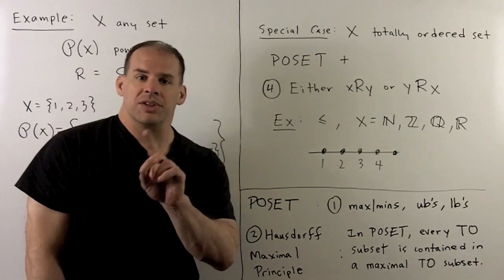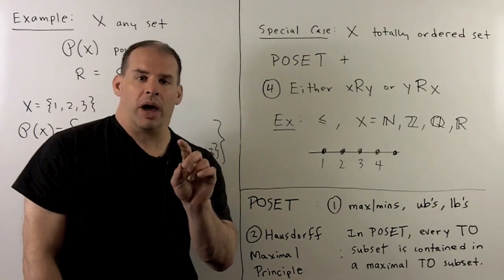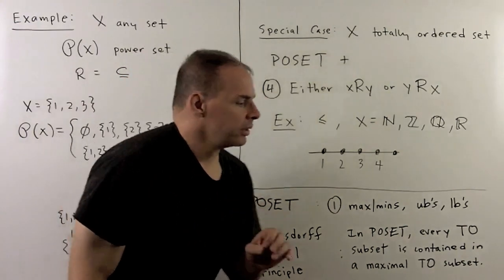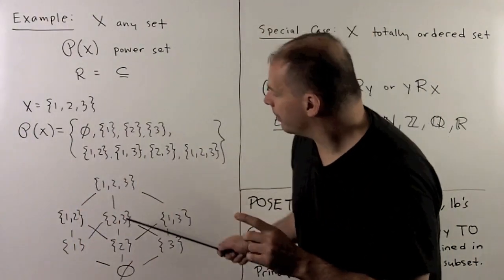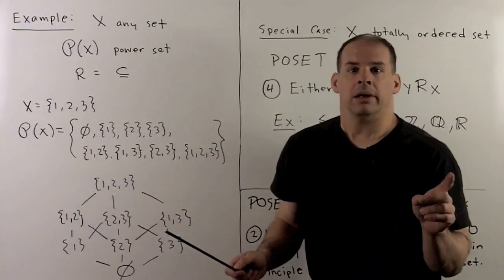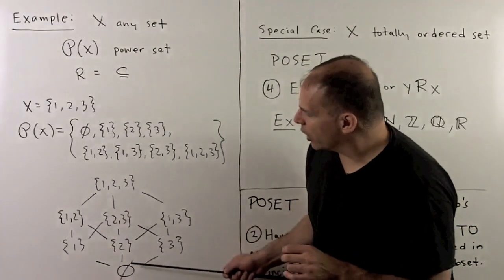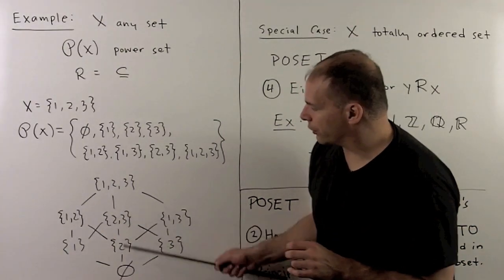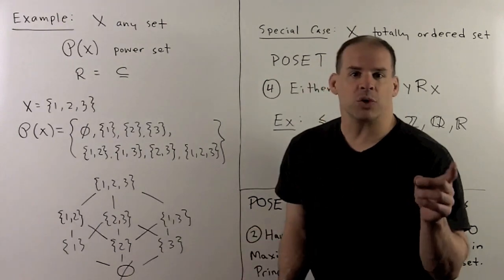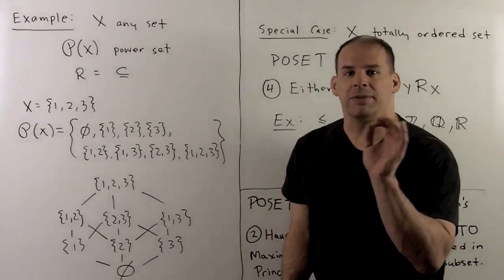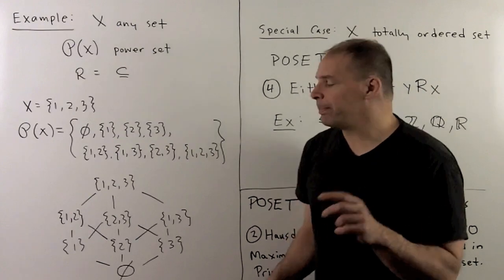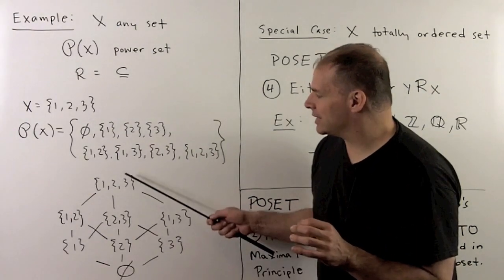This isn't hard to believe when our poset is finite. So for example here, if I wanted a totally ordered subset, I could just take the straight line going from the empty set to the set {2, 3}. The Hausdorff maximal principle says that I could finish this off to a totally ordered set that runs all the way from the bottom to the top.